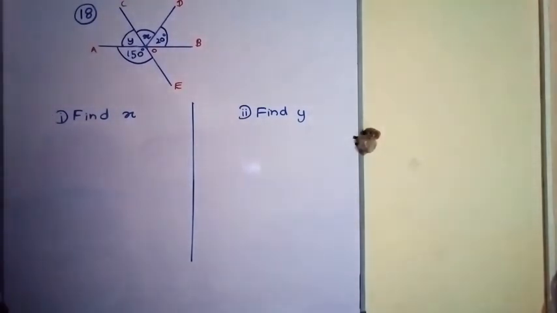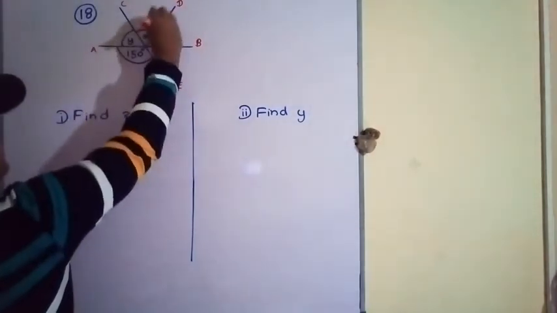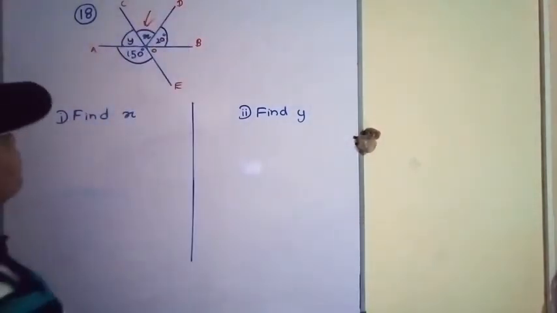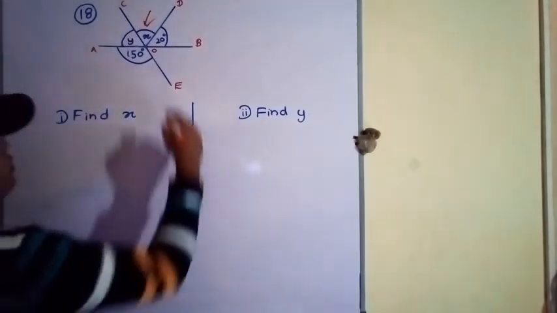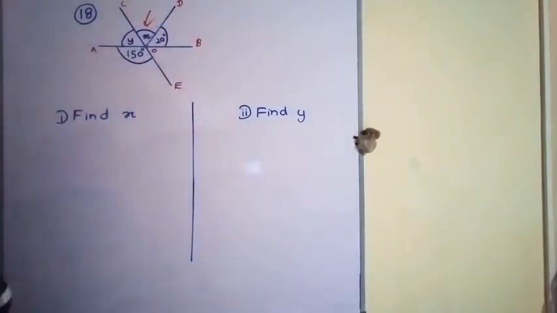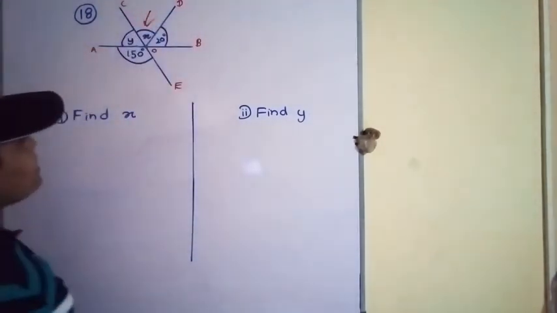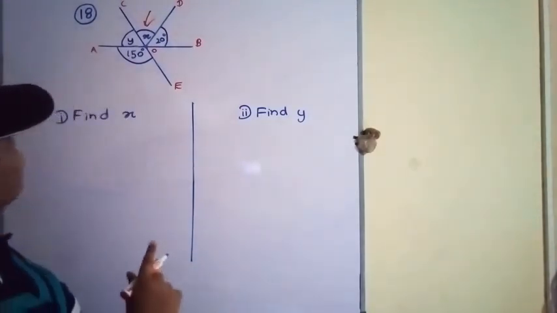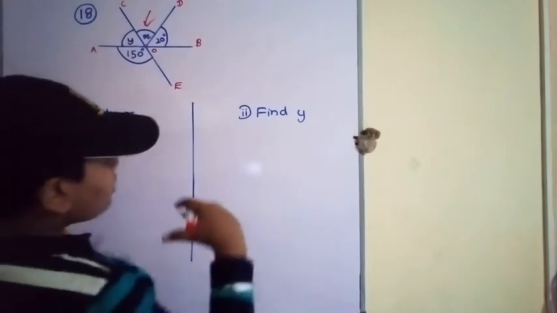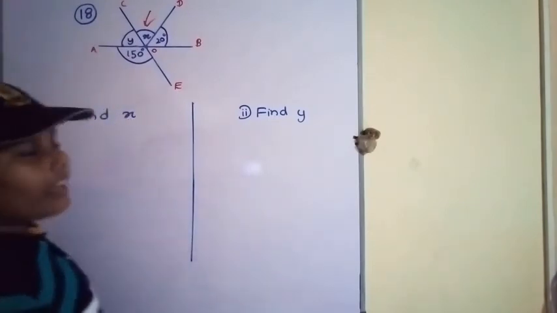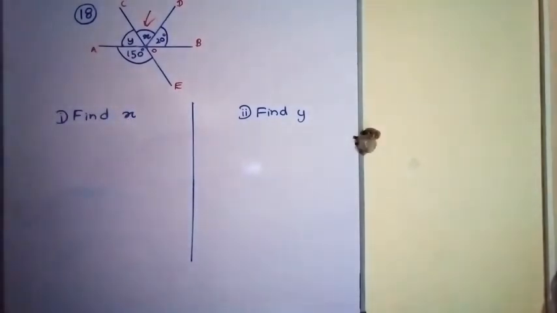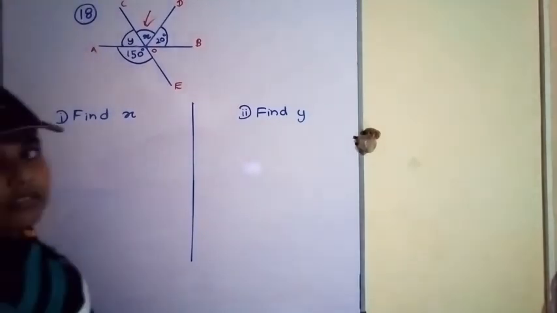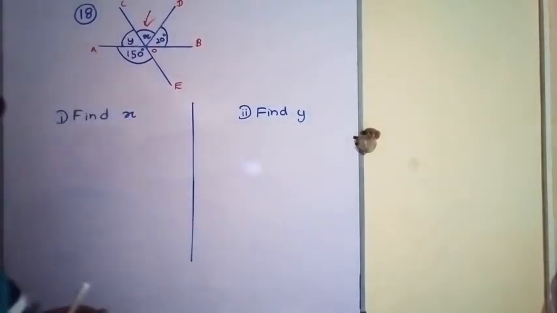Now find x means this is the x, right? Now you look at y, x and 20 means 180, right? But you want to find y also, so you can't find it first.